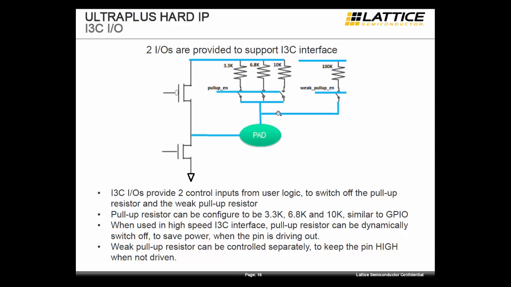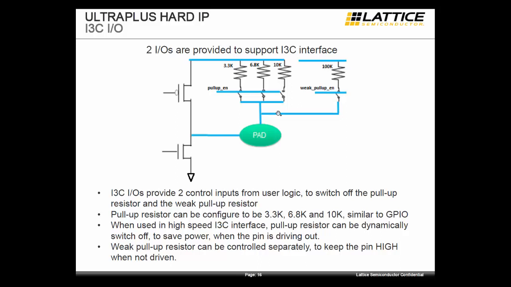And then when this is used in high speed, the pull-up resistors can be dynamically switched off to save power when the pin is driving out. So that is a neat feature of this iCE40 ULTRAPLUS family.